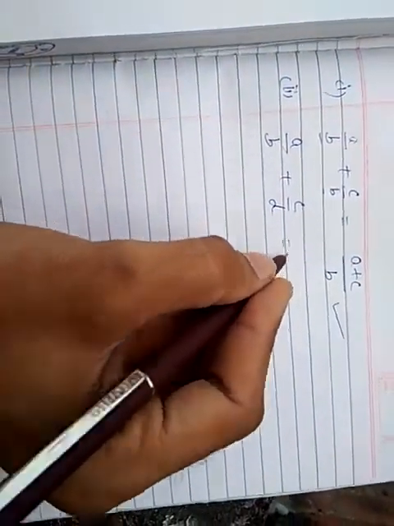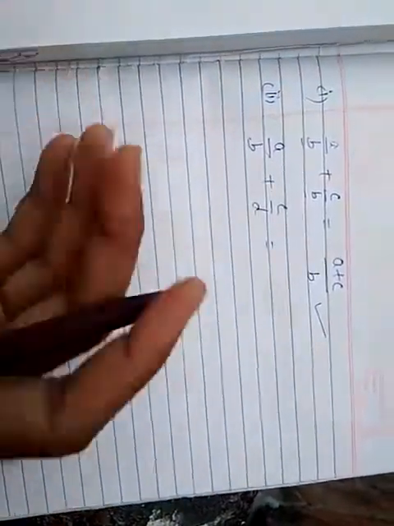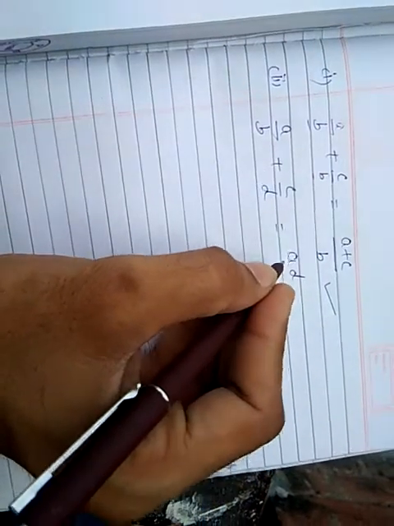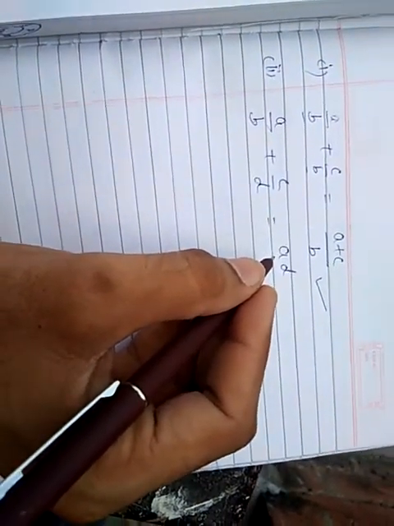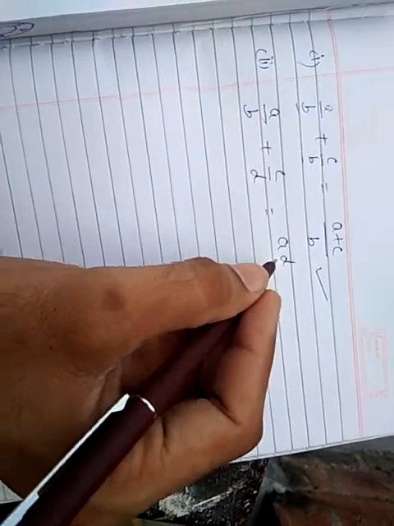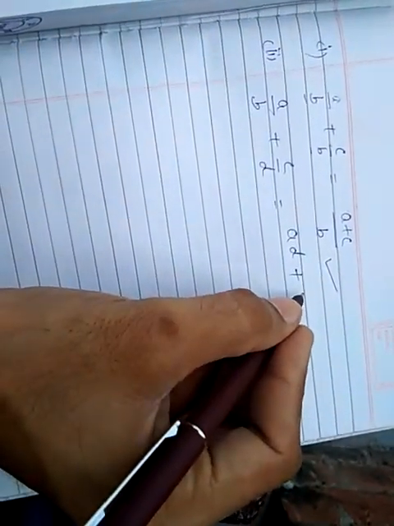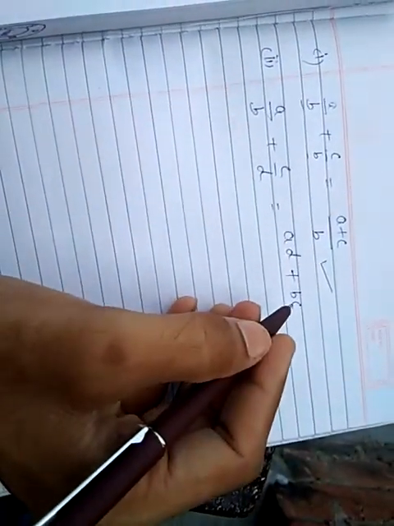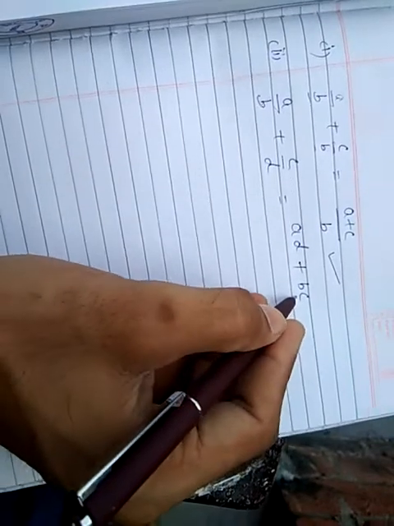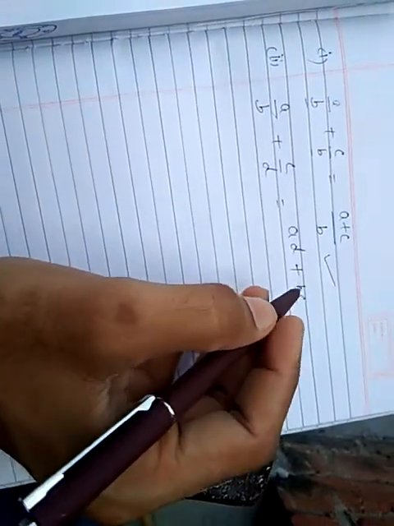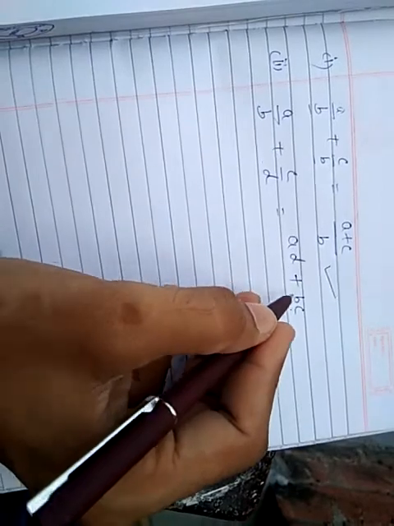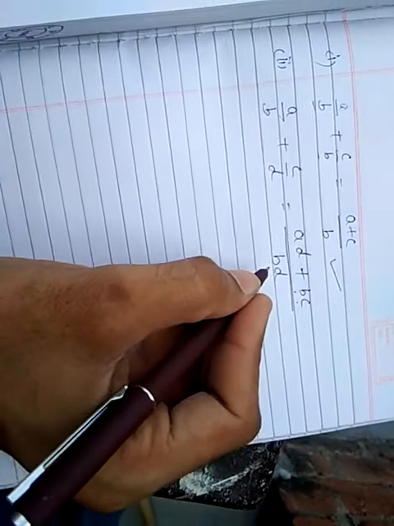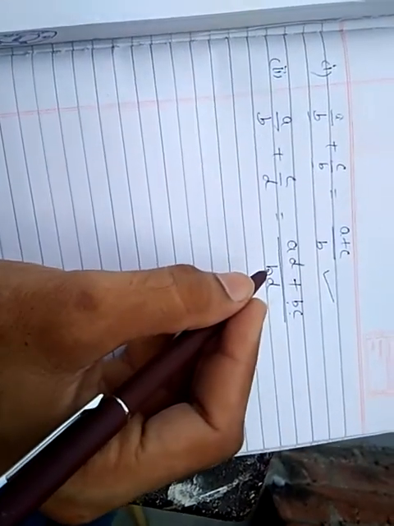Then we add these rational numbers like a multiplied by d, that means numerator of first rational number multiplied by denominator of second rational number, plus b multiplied by c, that means numerator of second rational number multiplied by denominator of first rational number, upon b multiplied by d, the multiplication of denominators of rational numbers.